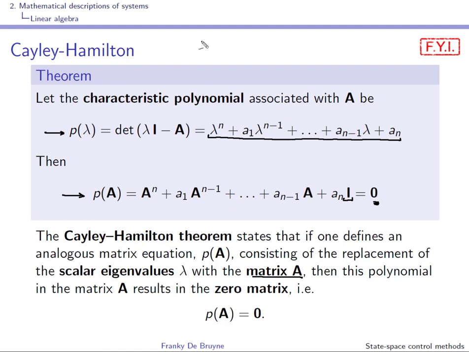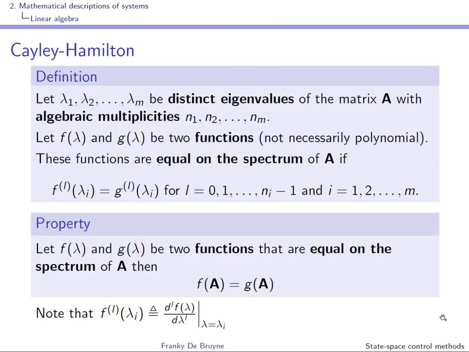And later on, for instance, if f of lambda is e to the lambda t, which is not a polynomial function but simply a function, you can also construct a matrix function, e to the A t, where we have replaced lambda by A. The results on this slide will allow you to compute the exponential of A t using the Cayley-Hamilton method.